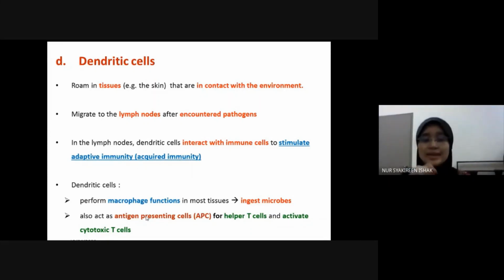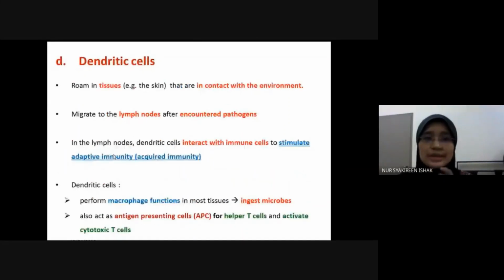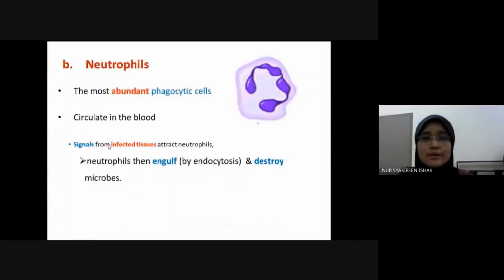Okay, cell-mediated immune response is to destroy infected body cells that are infected with specific pathogen. Okay, and then, cukup lambat, right? Okay, so ini adalah antara soalan yang selalu keluar lah. So you have to give examples of phagocytic cells. Okay, ada 4.